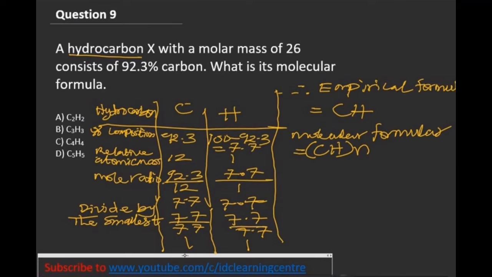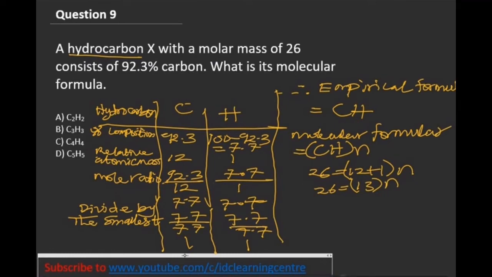So we say 26 equals (CH), which is (12 + 1) in brackets, n. So therefore, we solve further. We say 26 equals 13 in brackets, n.